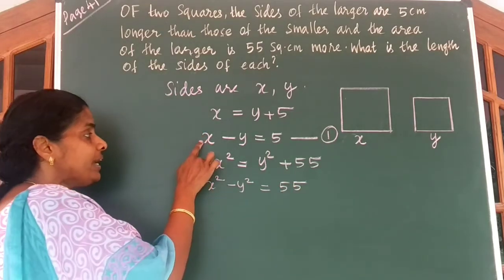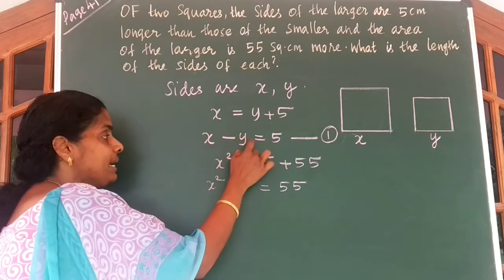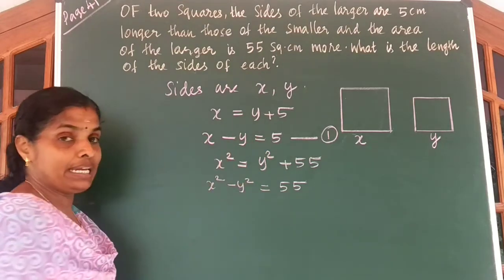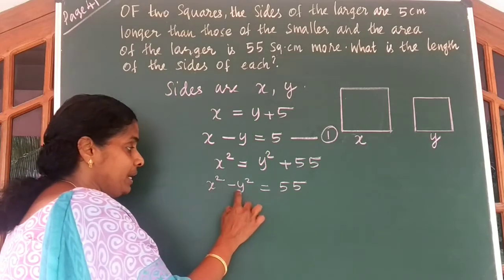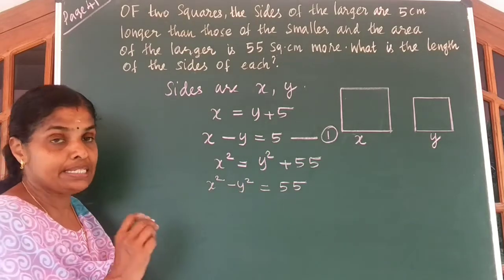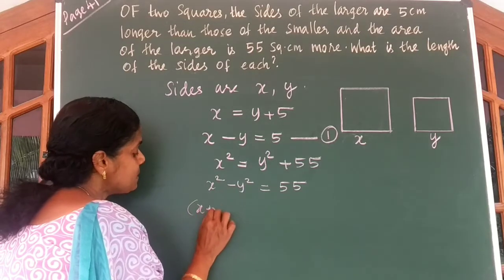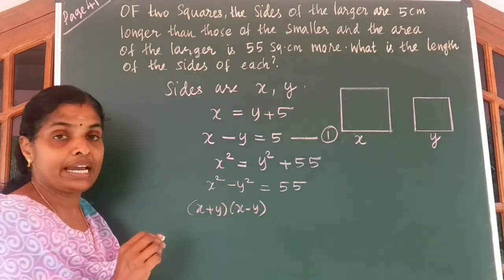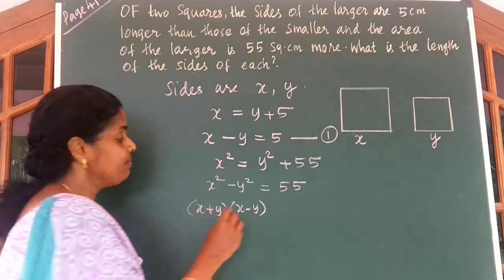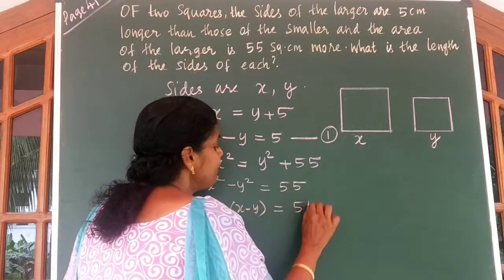Now we cannot solve x minus y with x square minus y square. So what we have to do here? x square minus y square is nothing but x plus y into x minus y, which you have studied in 8th standard. This is equal to 55.